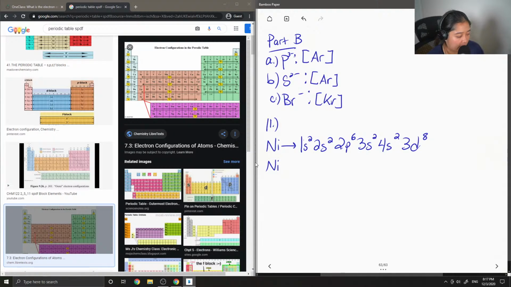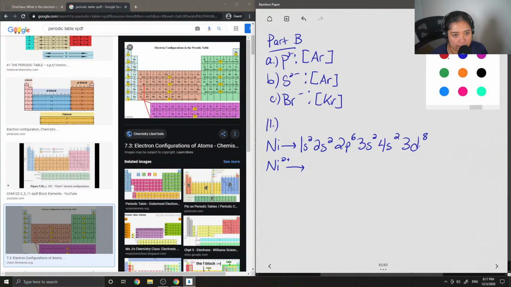So when we have a nickel that has a 2 plus, notice how when we look at the electron configuration of a neutral nickel atom, it ends off with 4s2, 3d8. So if we were to remove 2 electrons, it's actually easier to remove the 2 electrons in the s orbital.